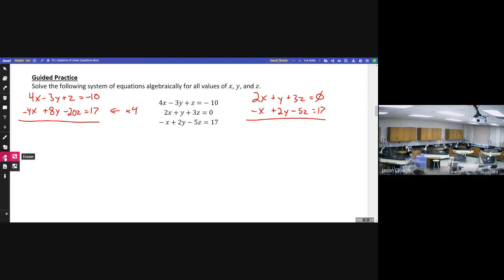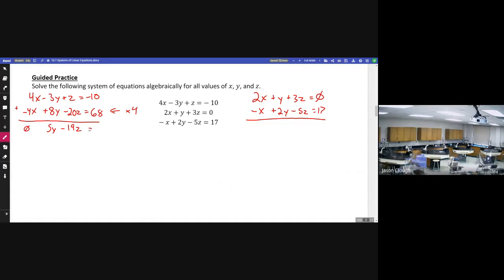And the 17 becomes 68. Because this is negative 4x and the top is positive 4x, I'm just going to add them. So 4 plus negative 4 is 0. Negative 3 plus 8 is positive y. Positive z plus negative 20z is negative 19z.